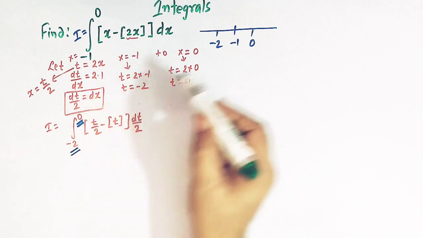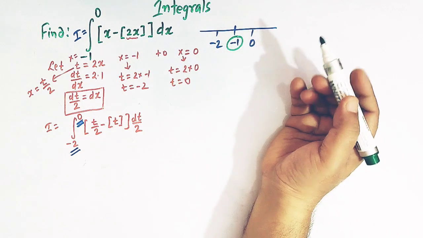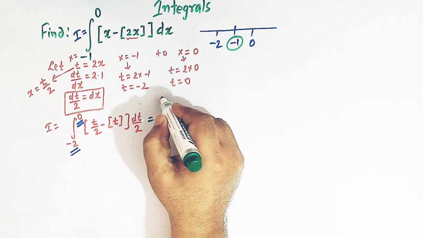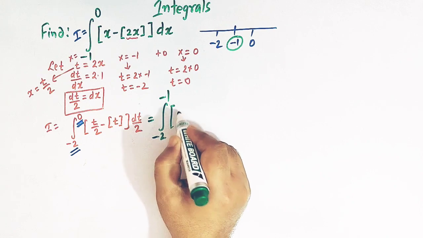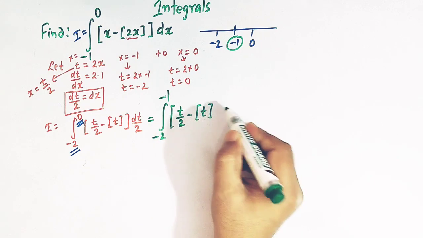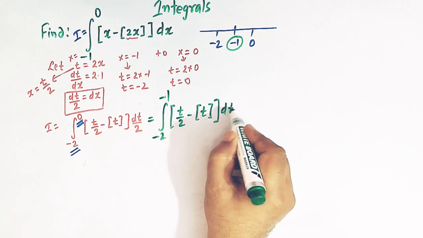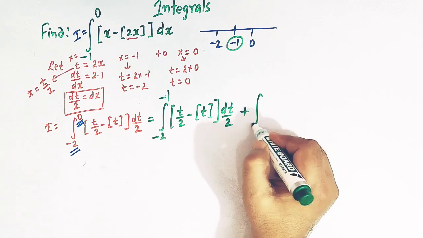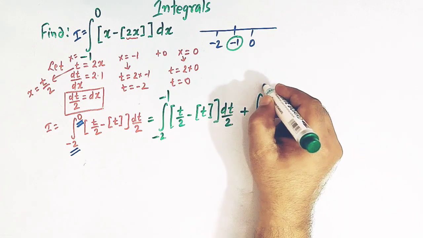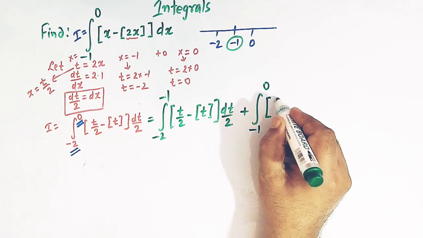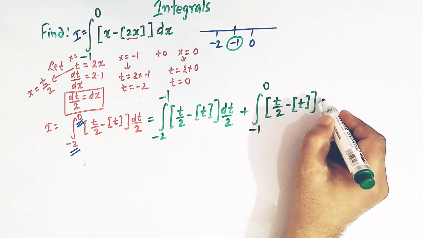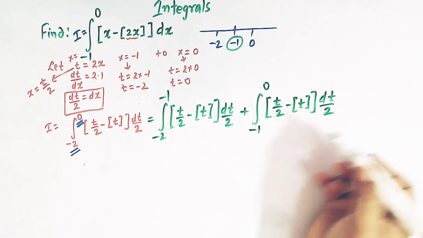So between -2 and 0 we have this integer -1. So what we will do, we'll first write the integral -2 to -1, and we have greatest integer of t over 2 minus greatest integer of t, and here we have dt over 2, right? And the second integral is from -1 to 0, right? So here we have -1 and here we have 0, and we have greatest integer of t over 2 minus greatest integer of t, and here we have dt over 2, right?